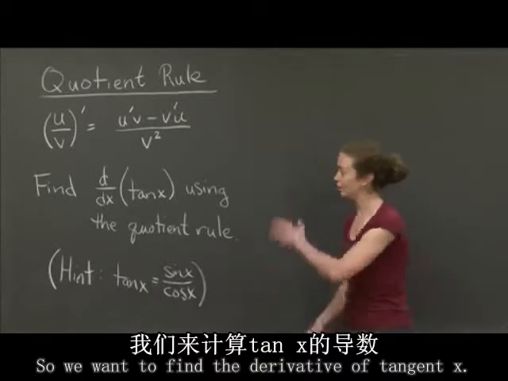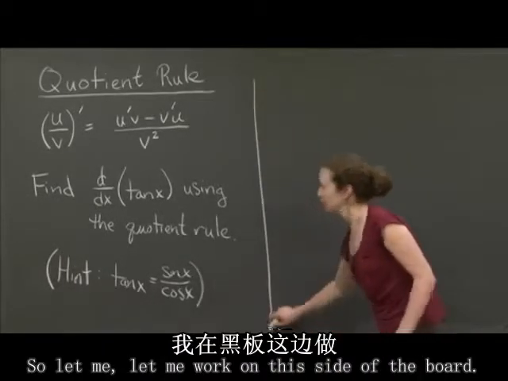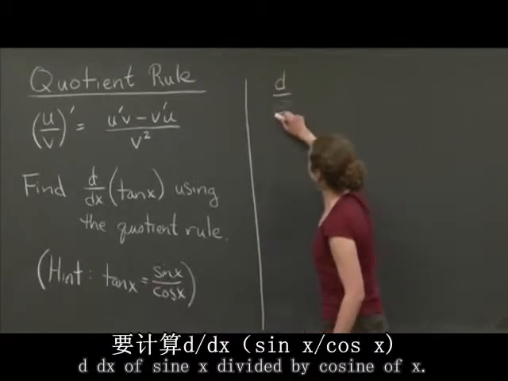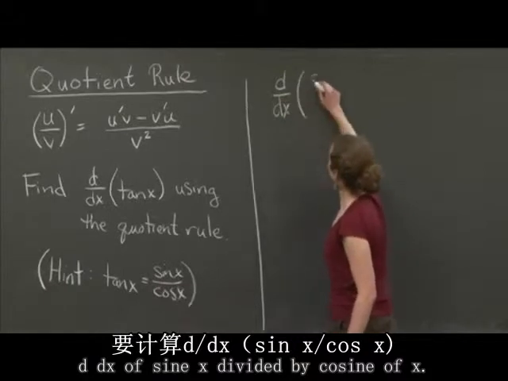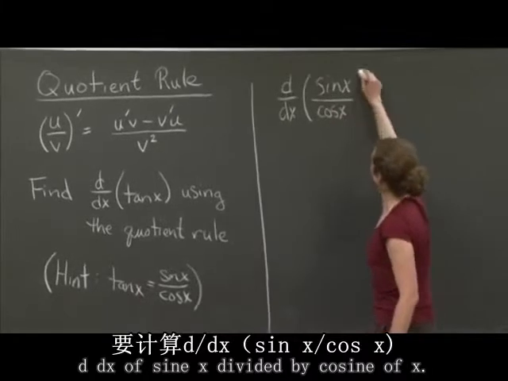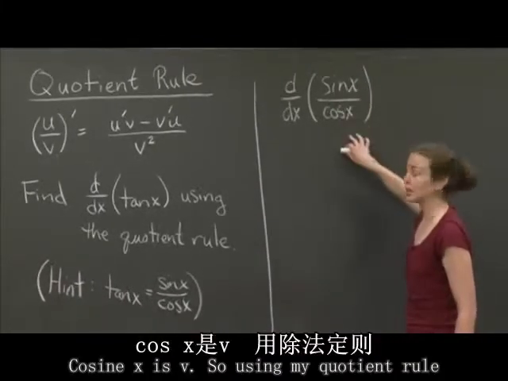Okay, so we want to find the derivative of tangent x. So let me work on this side of the board. I'm going to take d/dx of sine x divided by cosine of x. In this case, sine x is u, cosine x is v.